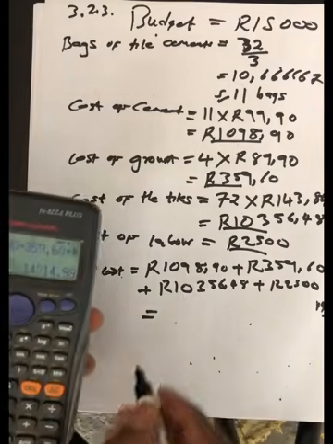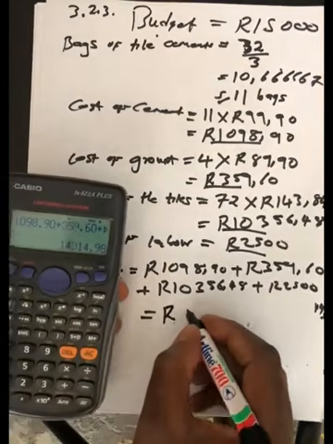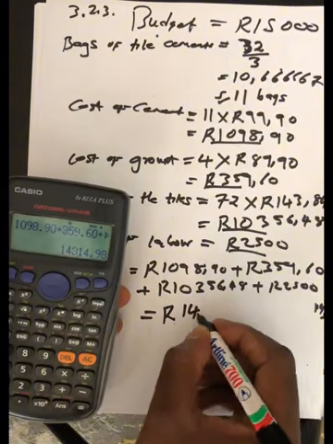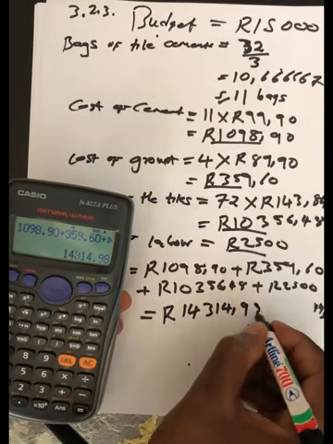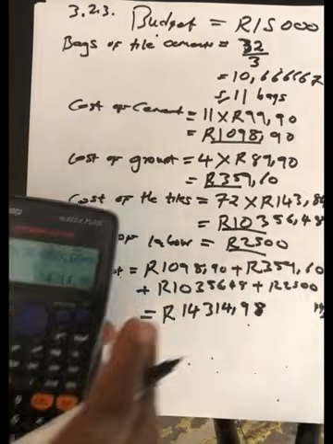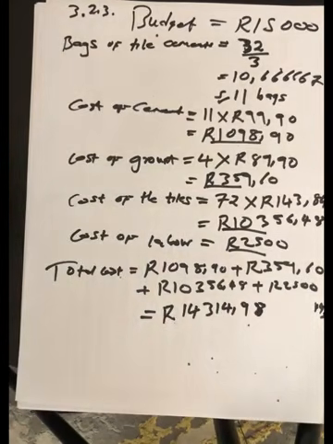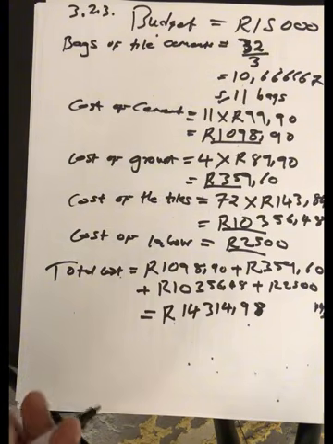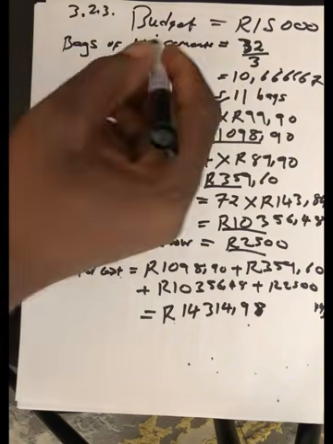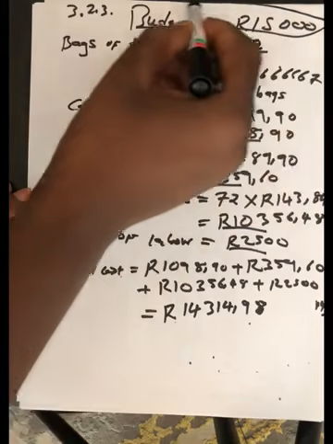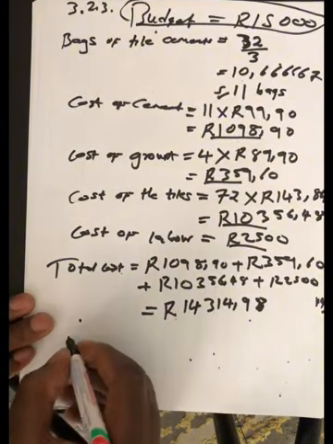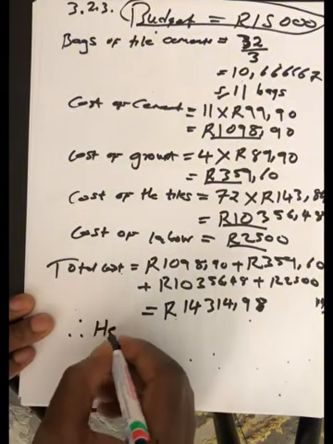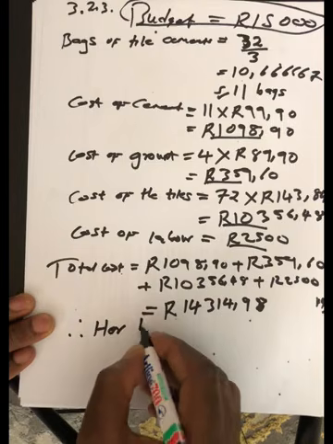We find that the answer that we get for her total cost is 14,314.98. Then looking at this amount, you can tell that this amount is less than the budget. Don't forget, this is the budget here. It's less than the budget. It means that her budget is enough. You conclude to get the final answer, the full marks. Conclude to say that her budget is enough.